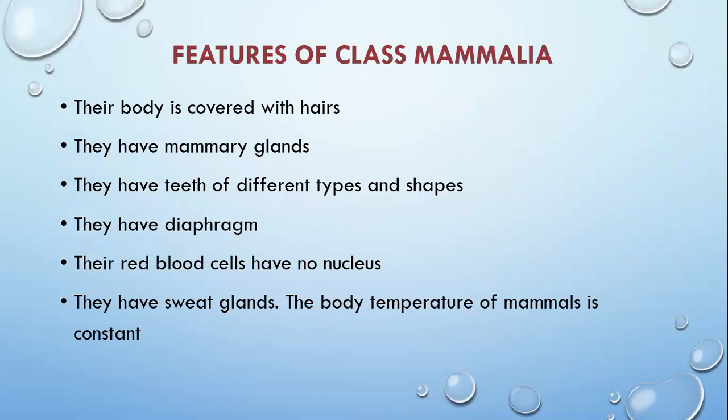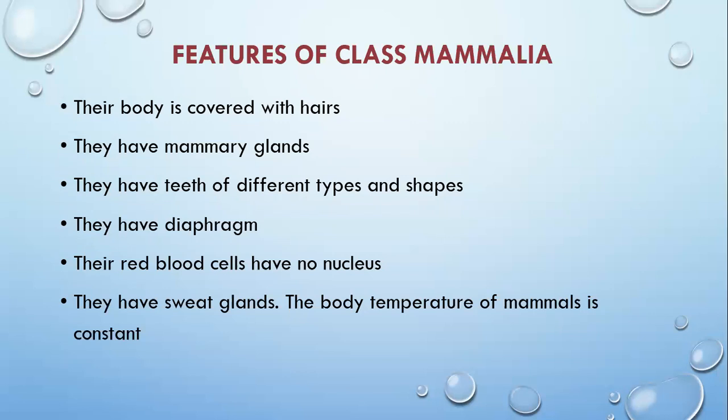Moving on, we have class Mammalia. Examples of class Mammalia are obviously many, for example human beings and wild animals, just a few of the many mammals. Their features are: first, their body is covered with hair. Second, they have mammary glands, which we also have.